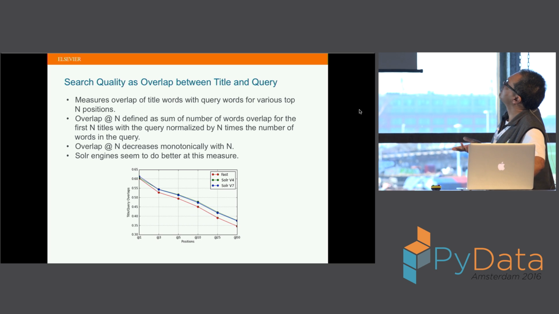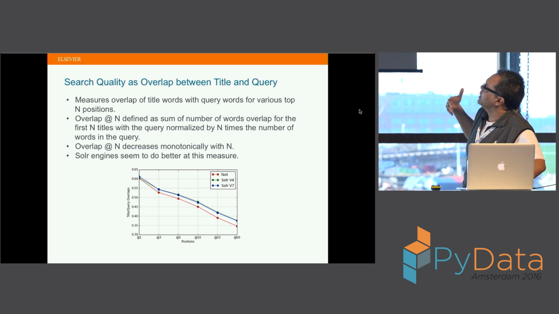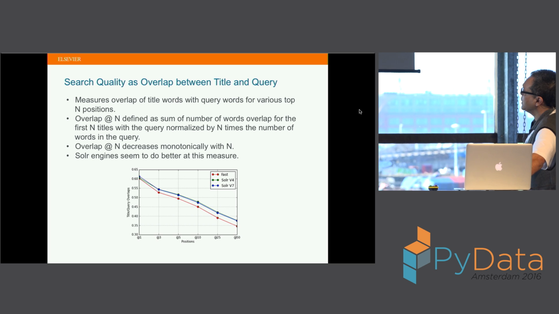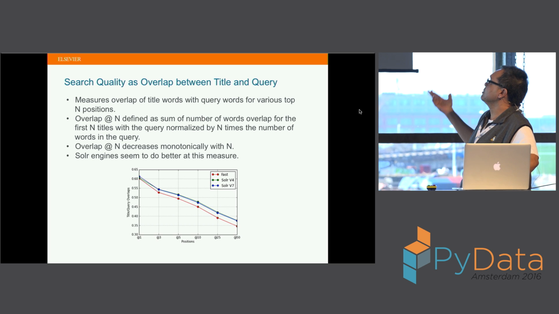Then there were some others where we invented a search quality criterion as the overlap between title and query, and we found that in some cases we got unexpected results. Things that were not doing better were doing better here, and so forth.